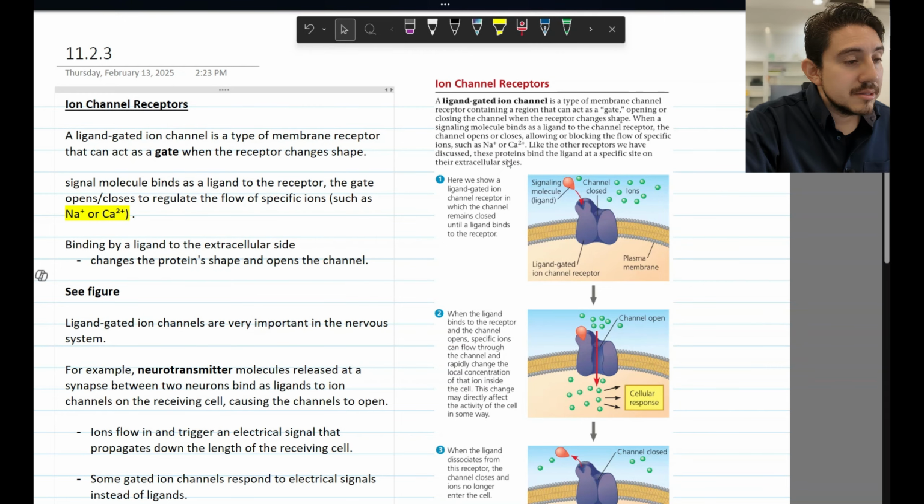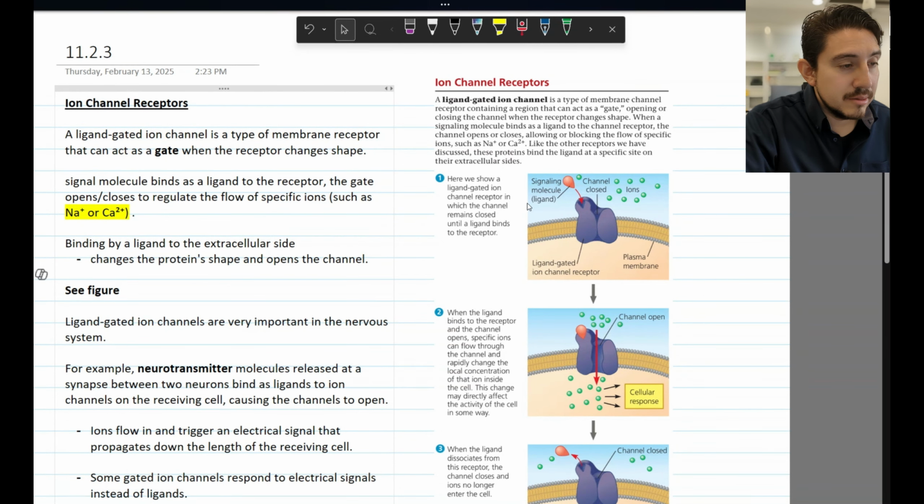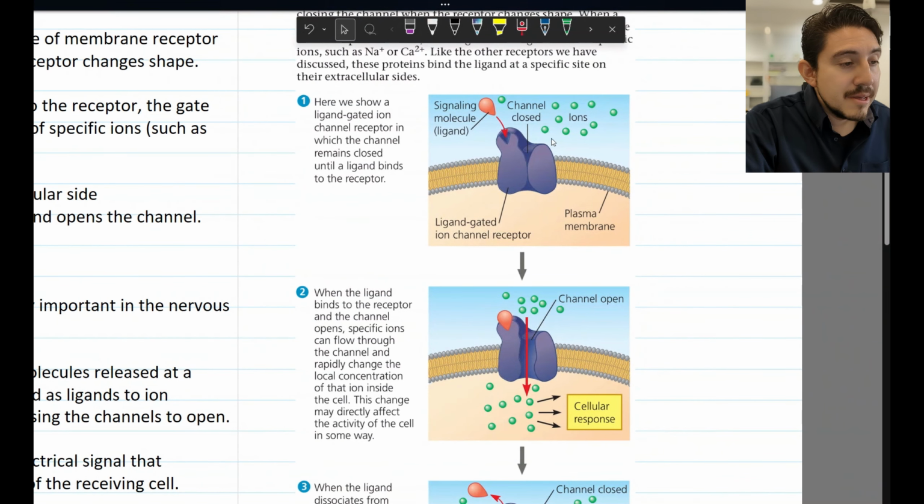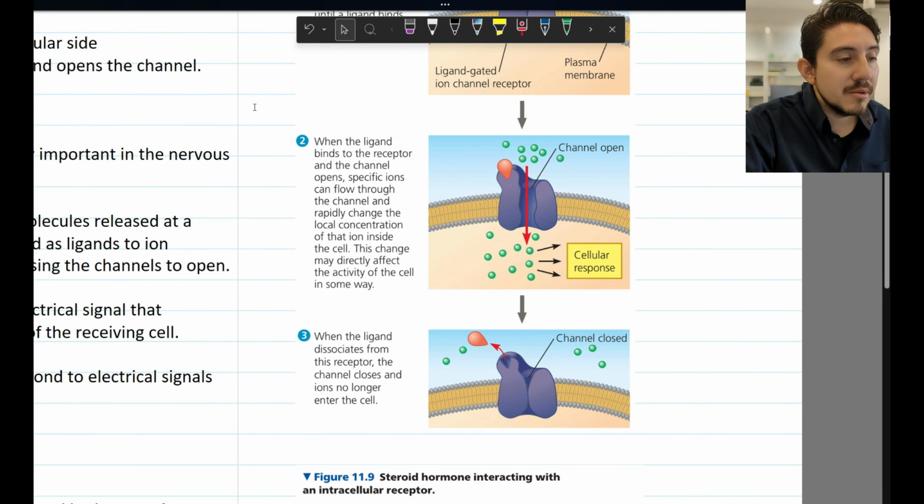Okay, so just to give you a sense here on the ion channel receptors. Here's a ligand-gated ion channel receptor in which the channel remains closed until a ligand binds to the receptor. Signaling molecule comes in, and when it binds, specific ions can now flow in because the protein has changed shape.